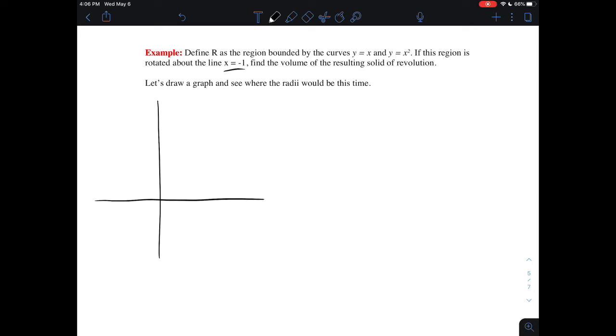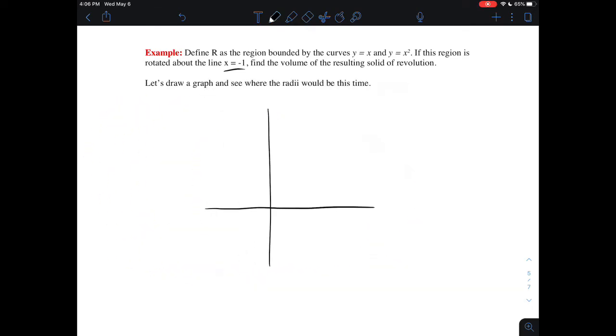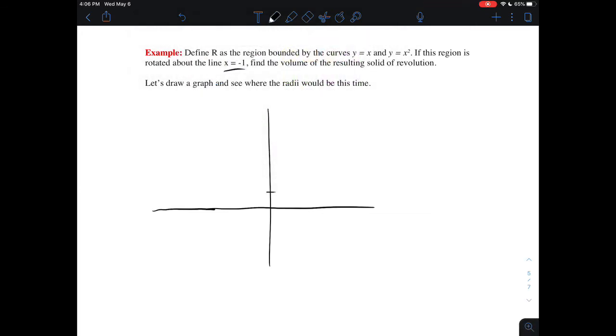So we've got the curves y equal x and y equal x squared, and I am going to have my axis that's to the left, so I'm going to move this over a little bit. So y equal x, that's just a line with y-intercept 1 and slope 1 over 1.